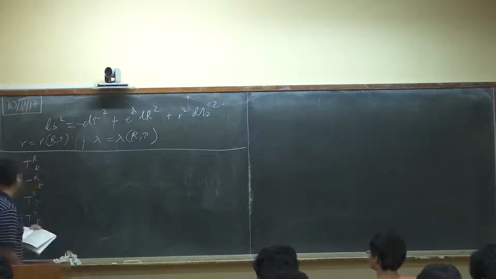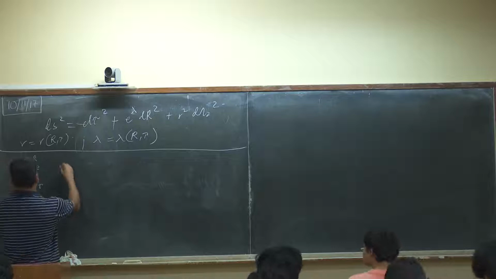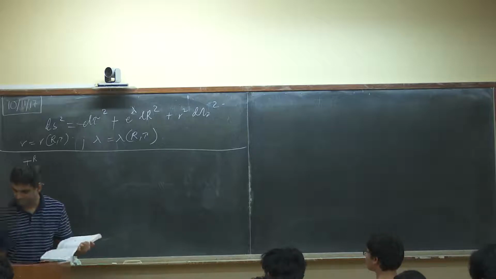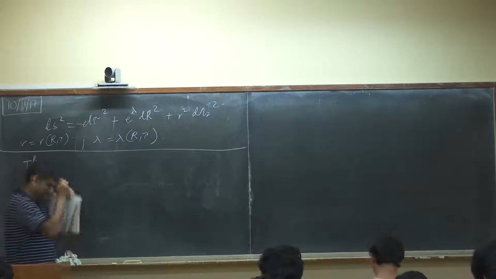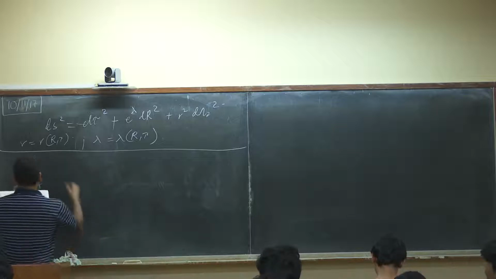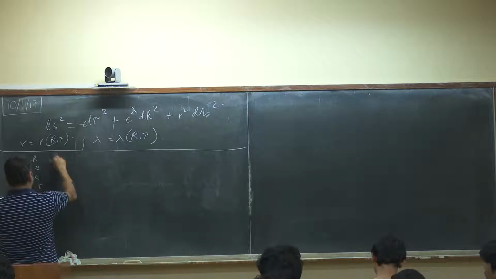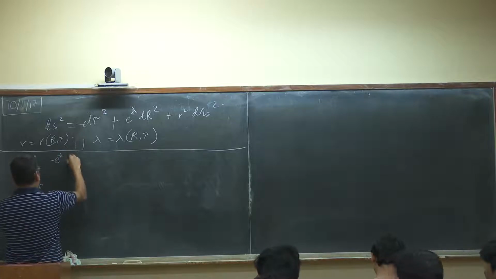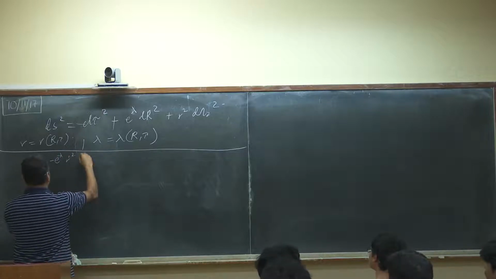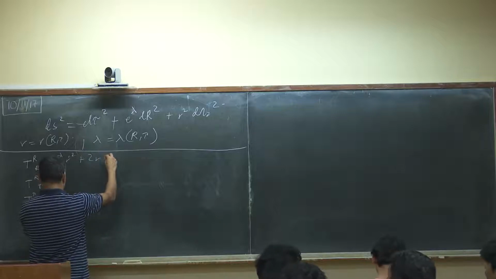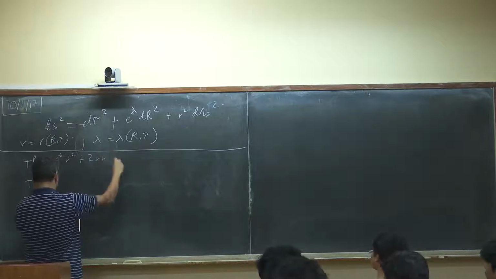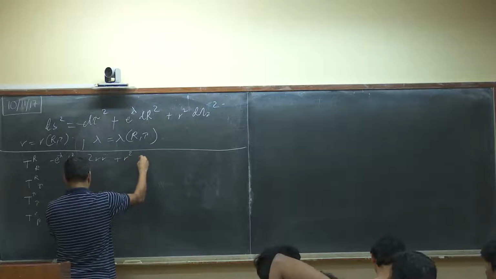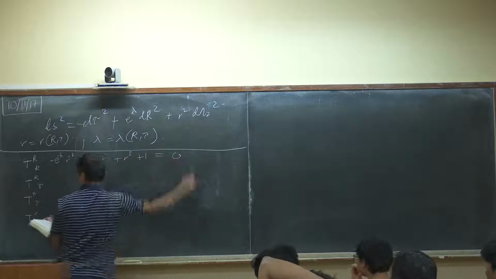So the RR equation is e to the power minus lambda r prime squared, plus 2r r double dot plus r dot squared plus 1, is equal to 0.